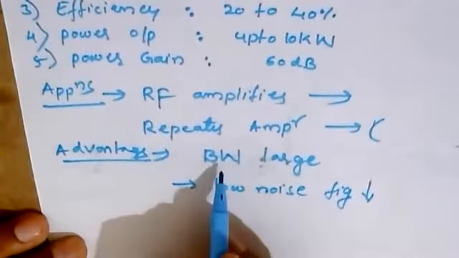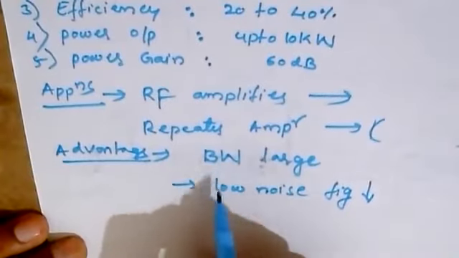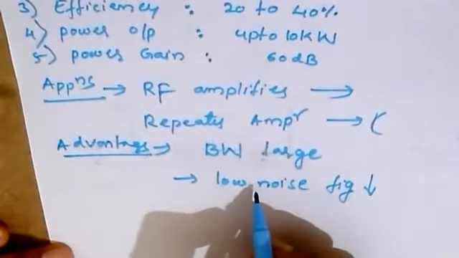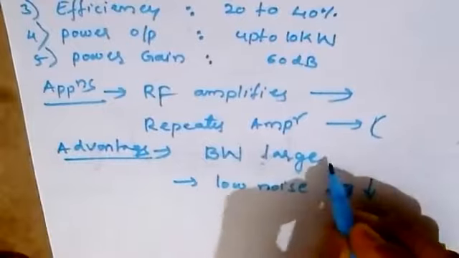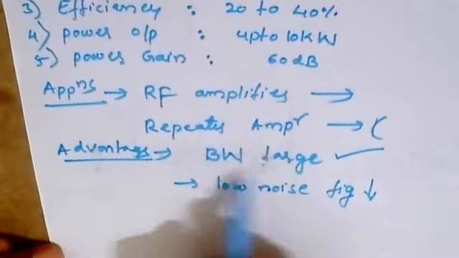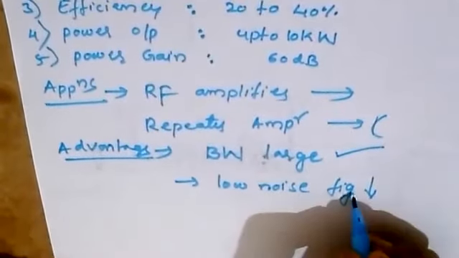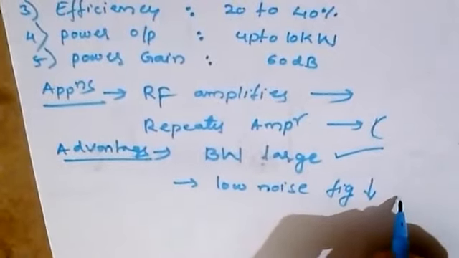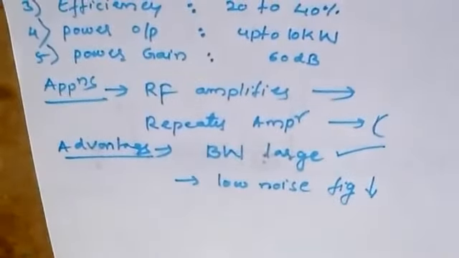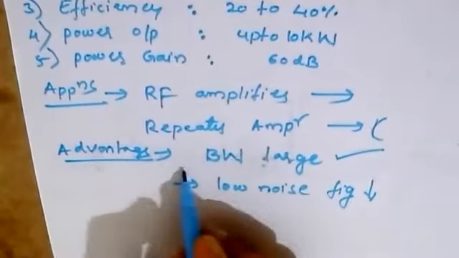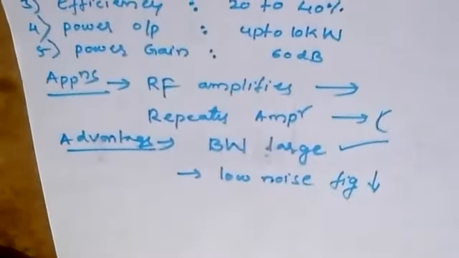So these are very good advantages that the traveling wave tube provides: a higher bandwidth and a very low noise figure. So interference chances are very low in the traveling wave tube, which results in high amplification. That's what relates to the traveling wave tube.